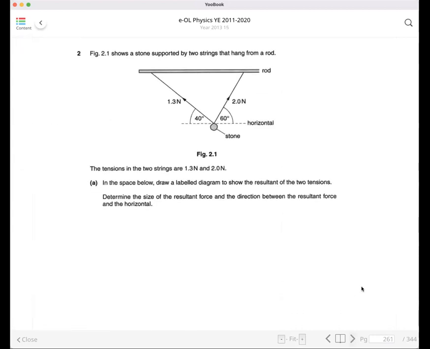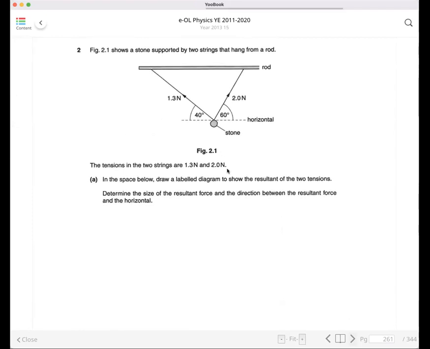Okay, I will not go through this question now. You're supposed to draw the vector diagram for this. Do you all need any help regarding vector diagram?